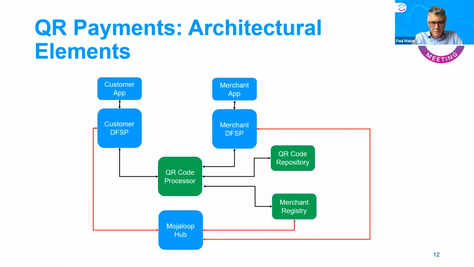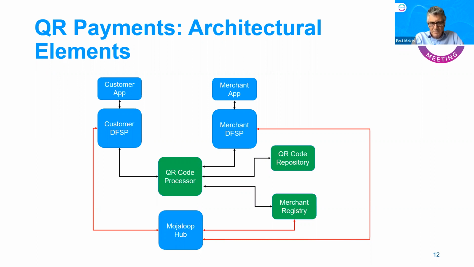So we need to be able to develop something analogous to the EMV world's merchant IDs. So we need to be able to present in the QR code a merchant ID, not DFSP account details. So this again comes around to aliases and paying a merchant ID, not paying into a merchant account.